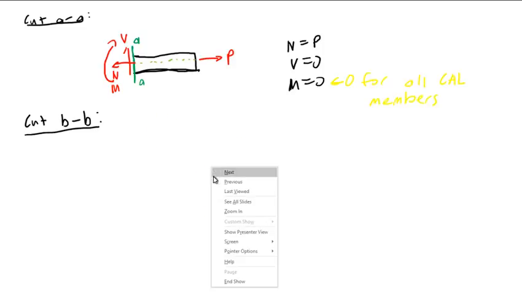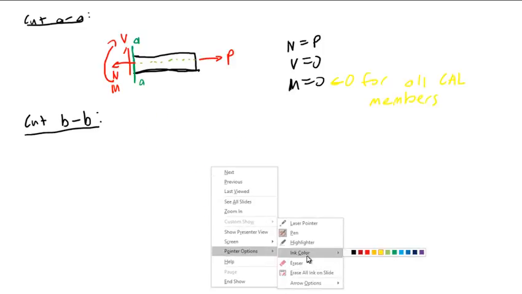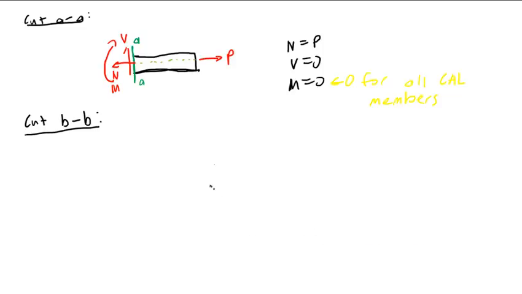Zero for all CAL cuts. Then we make cut BB. This one's at, I'm going to draw it at approximately a 45-degree angle, but it could be at any angle. Anything other than the perpendicular of AA.